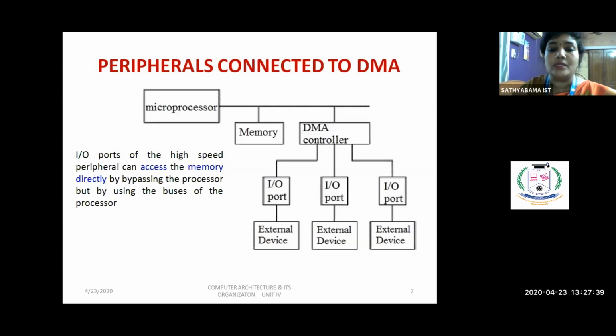So the buses will be controlled by your DMA controller. In the diagram, you have seen microprocessor, memory, DMA controller. In the DMA controller, 3 peripheral devices are connected through input-output ports. So a single DMA can handle more than 1 peripheral device. Here 3 peripheral devices are connected to your DMA controller.